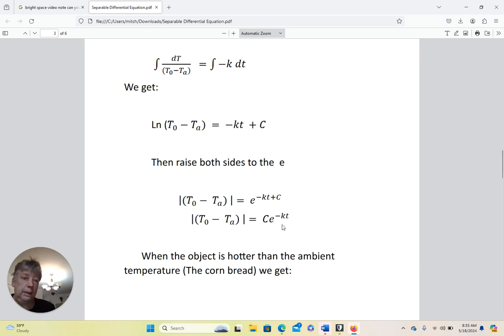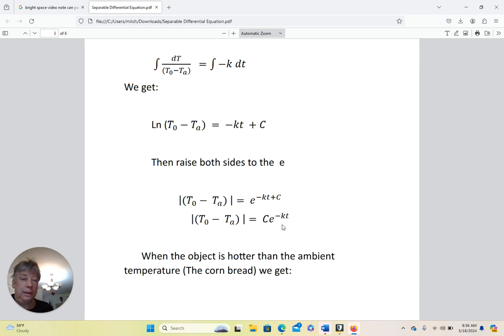So the bottom line is that we can use this formula to determine how the cornbread is going to cool over time. Strange topic, but it's kind of what we were doing at the time.